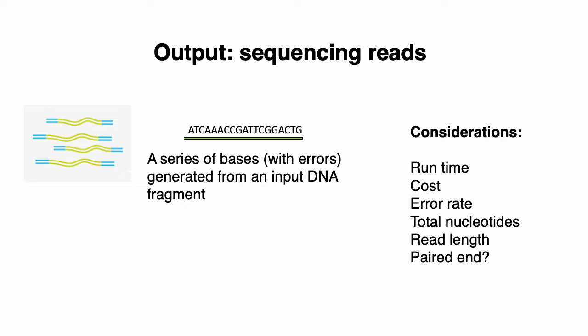Why that's useful is that if you know approximately what the length of your fragment is, and you sequence both ends, then even though you have two short sequences produced from a single fragment, you know approximately how far apart they were on the original genome. That helps you when you go through the genome assembly process, the process of stitching back together your genome sequence from your short reads.